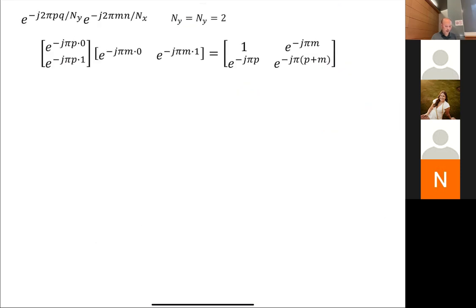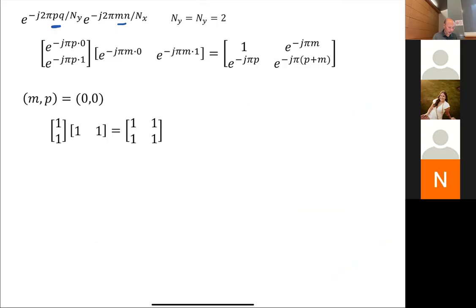So the next thing we want to do is give you just a little bit of intuition behind what this looks like. So here I've got the complex exponentials, and I'm writing them out for different values. Let's see what we have. Okay, so here, let's say M and P are, what are these?